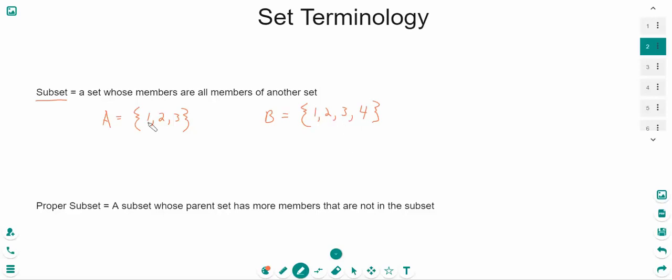So set A has a 1, set B also has a 1. Set A has a 2 and a 3. Set B also has a 2 and a 3.